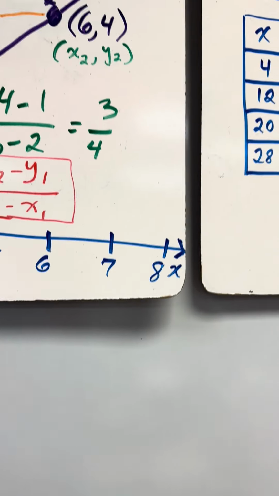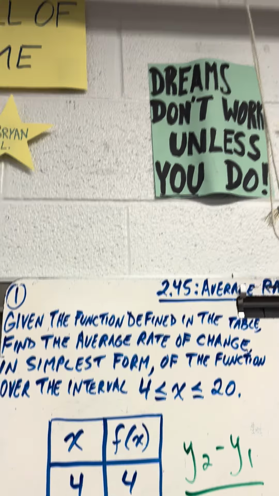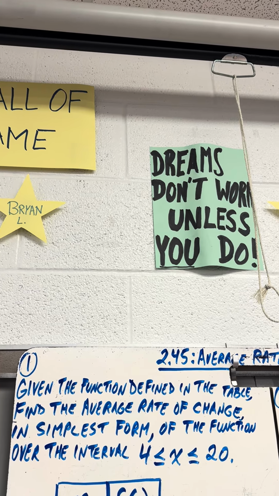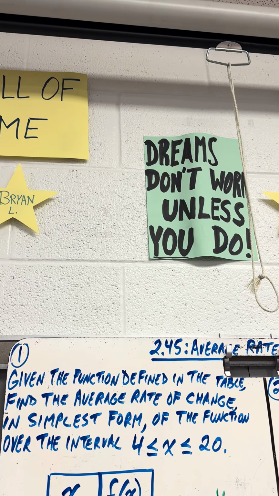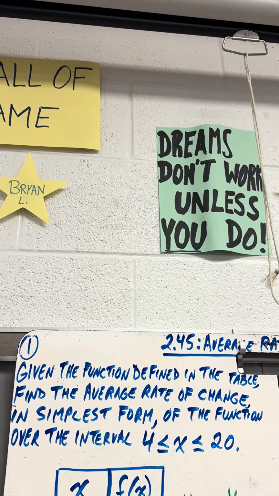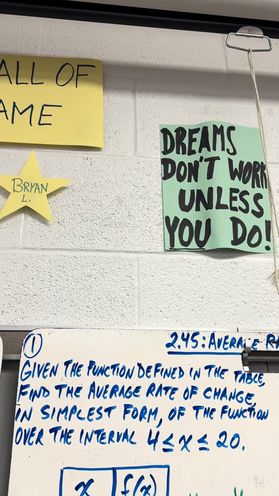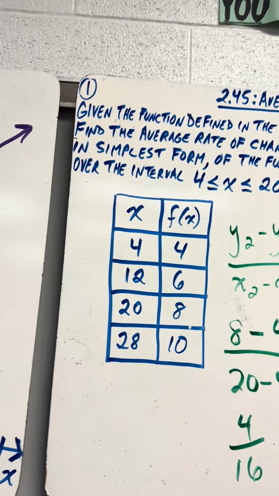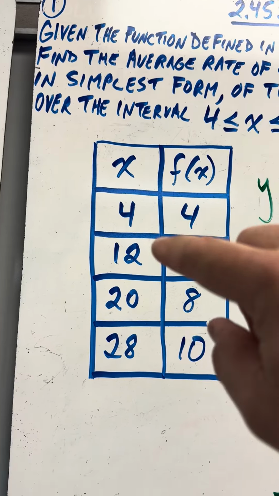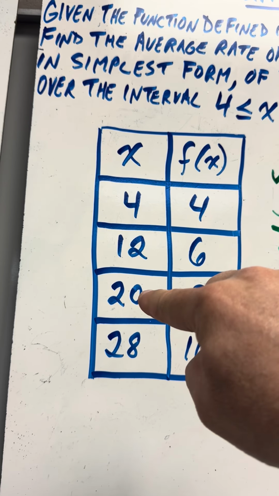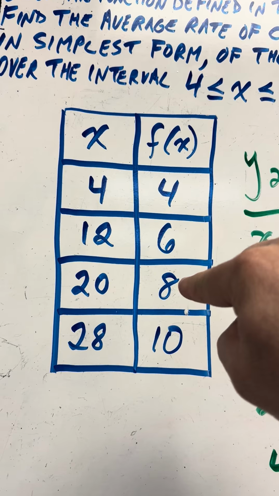So, in your Delta Math, if you see a problem like this: given the function defined in the table, find the average rate of change in simplest form of the function over the interval 4 is less than or equal to x is less than or equal to 20. All you have to do is use from 4 to 20, just this number and this number.